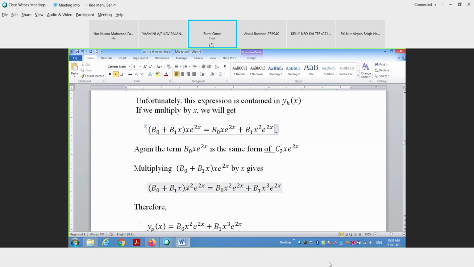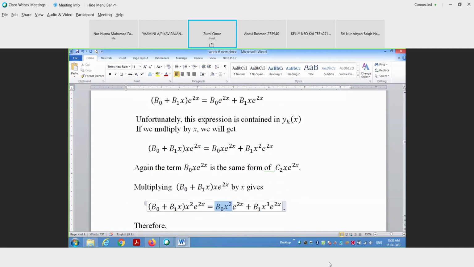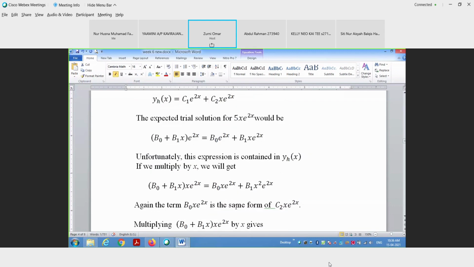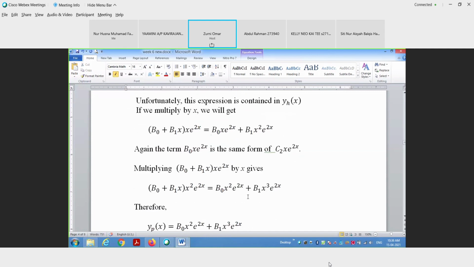So that's why we have here x squared, and then we expand this, so we have b0 x squared e to x plus b1 x cubed e to x. You compare again each term, b0 x squared e to x with this, not the same, because now we have x squared, but here there is no x squared. And then we stop.